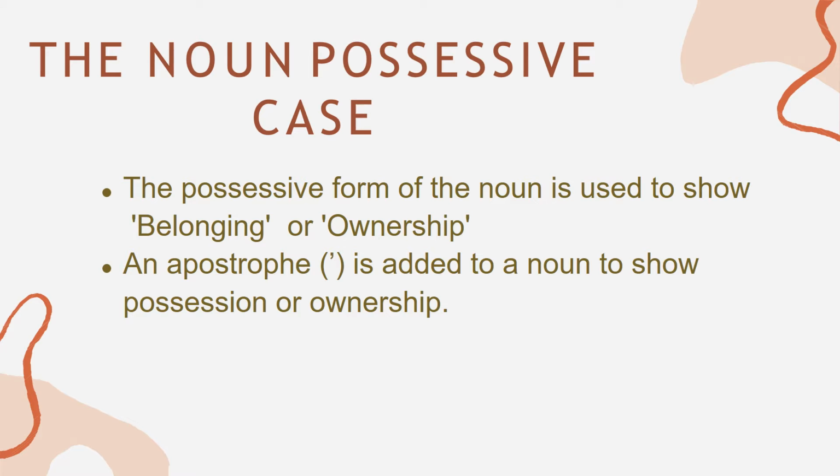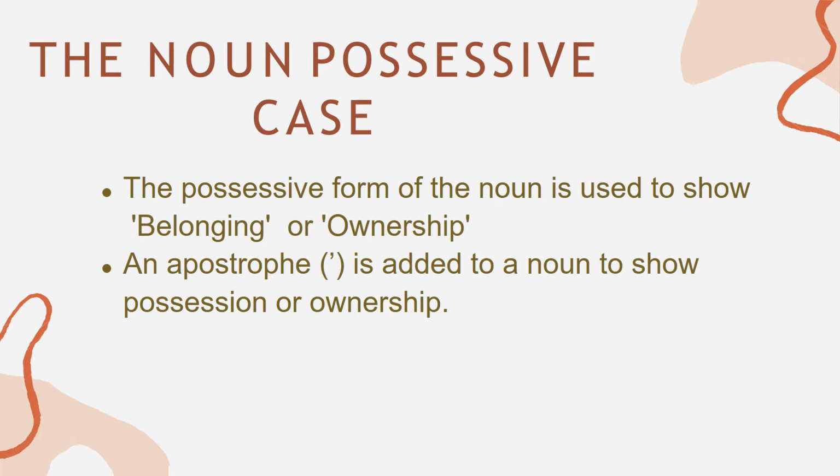In simple words, a possessive noun is a noun that shows ownership of something. Possessive nouns are commonly created with the addition of an apostrophe and s at the end of a noun.